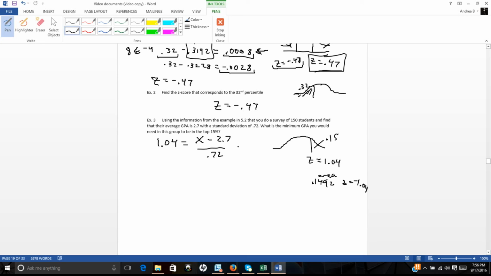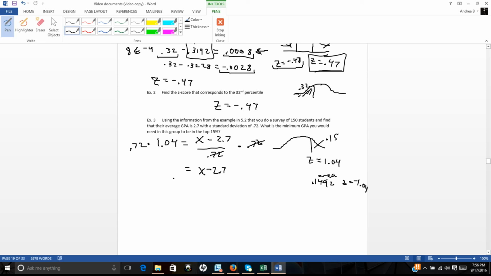So then it's an algebra problem. You're going to have to go through. You can multiply both sides by the 0.72 there to get rid of the denominator on the right side. And then those cancel out. So then we have x minus 2.7 on the right side.